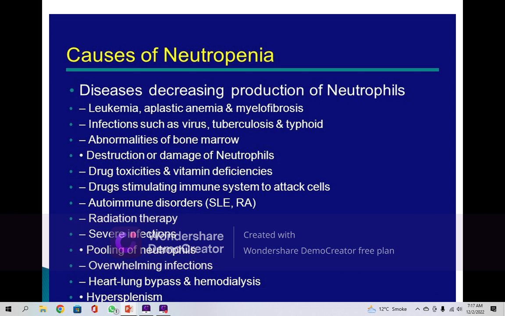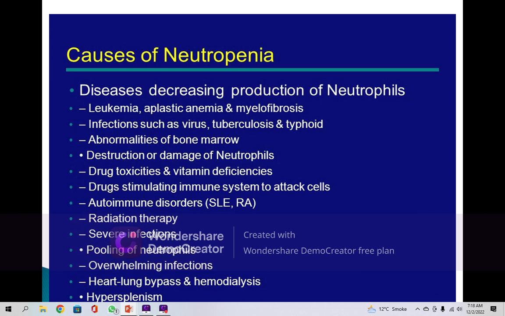This point is missed by many clinicians. It should be mentioned that the absolute count of the neutrophils is down. Definitely, it is seen in cases of enteric fever, in brucellosis, and in cases of dengue fever.